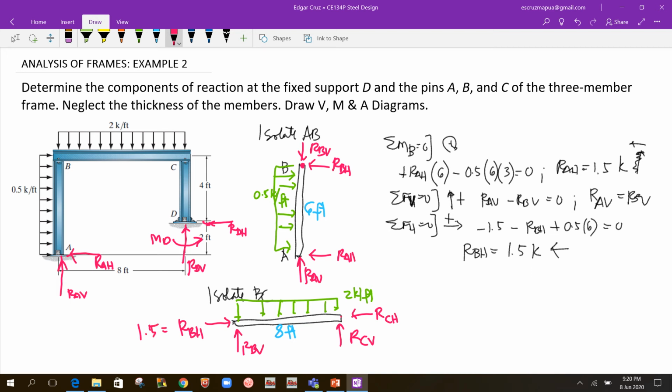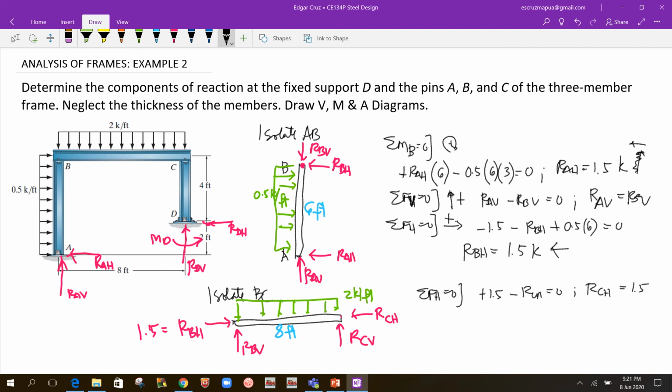Okay, so kapag nag-summation tayo ng forces horizontal equal to 0, so that would be RBH positive, which is 1.5, tapos minus yung RCH, would just be equal to 0. So therefore we could say that RCH is also equal to 1.5.